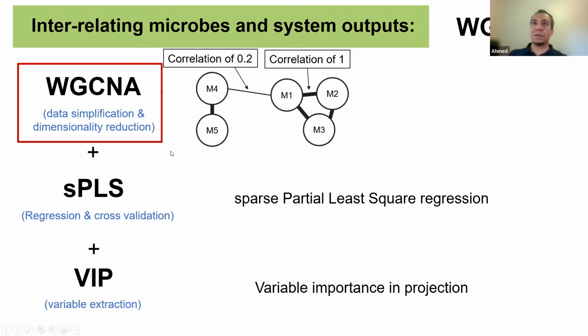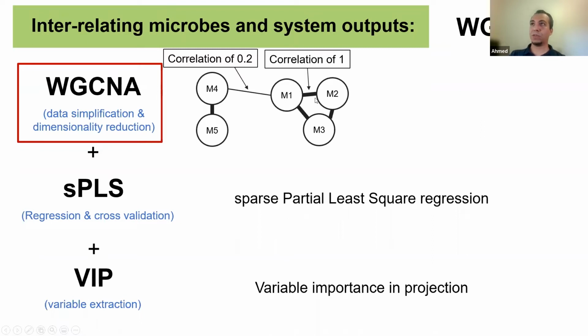So the first step in WGCNA is building the network. And the way that WGCNA does this is basically looking at the correlation. It does pairwise correlation between each pair of microbes or genes in your data set. And these nodes here, so this is a node, this is a node, are connected with edges. And the strength of this edge is based on the strength of the correlation coefficient between these 2 microbial taxa or genes.